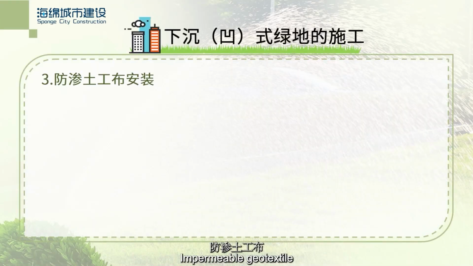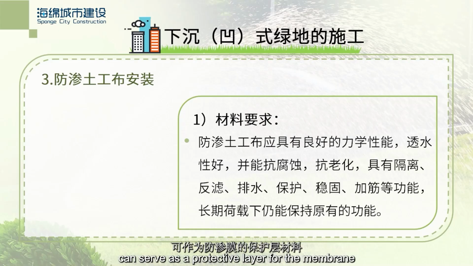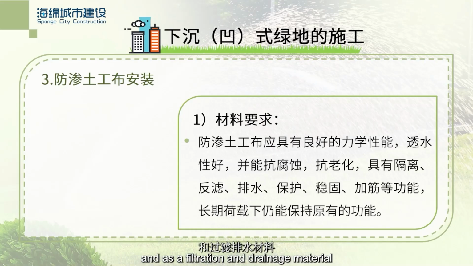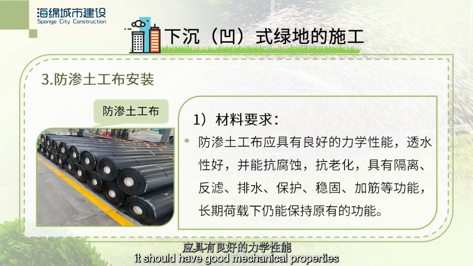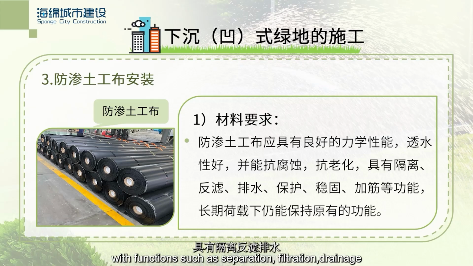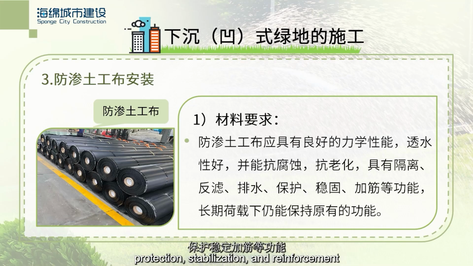Impermeable geotextile can serve as a protective layer for the membrane and as a filtration and drainage material. As shown, it should have good mechanical properties and high permeability and be resistant to corrosion and aging, with functions such as separation, filtration, drainage, protection, stabilization, and reinforcement.